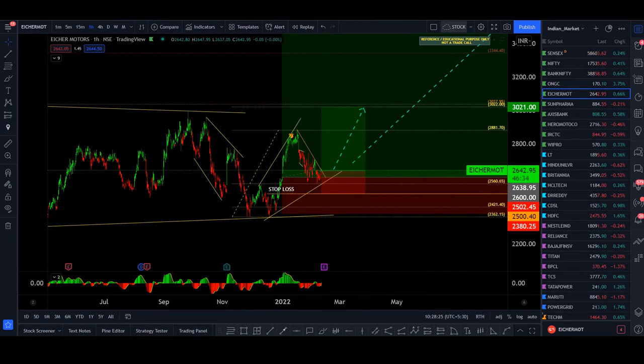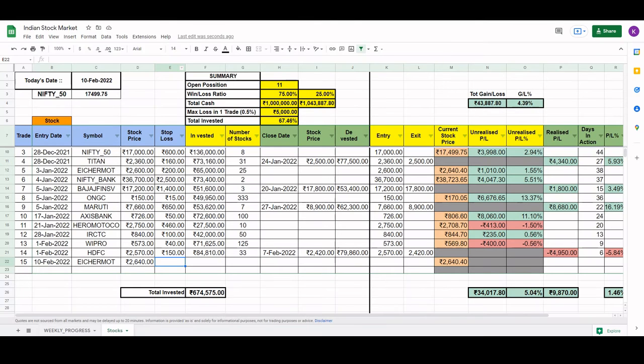Okay, so with that, stop loss is around 140 rupees. With that, we can get approximately 35 shares, which is 0.5% of our max loss if it doesn't go our way, which is we will lose 5000.